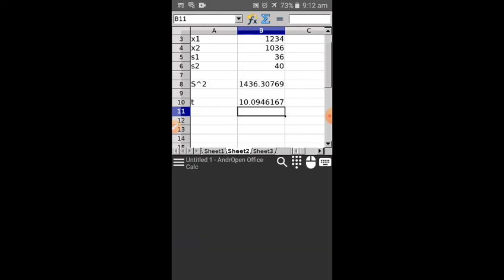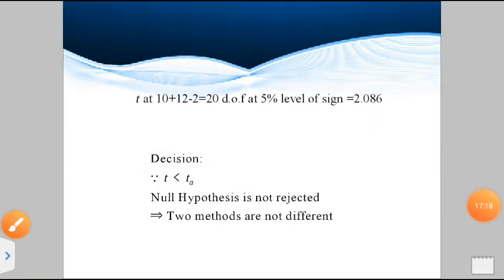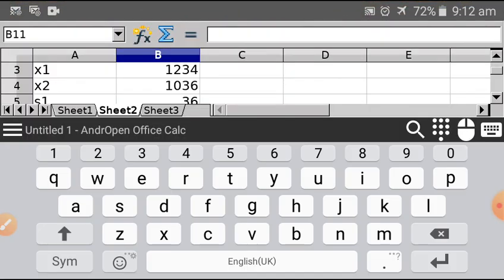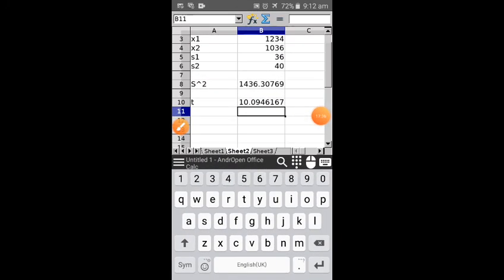Let's go back and see what value we obtained in the solved example. Yes, we are getting t as 10.1 there because it is rounded off, but actually it is 10.09.